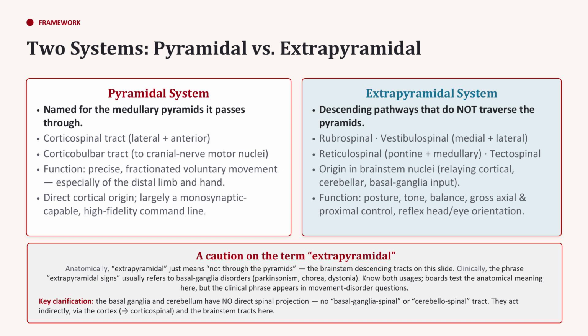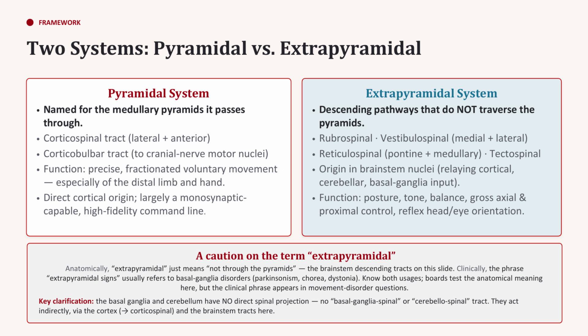Extrapyramidal descending tracts arise from brainstem nuclei, red nucleus, vestibular nuclei, reticular formation, superior colliculus, and they handle posture, muscle tone, balance, and gross axial and proximal control. They integrate input from cortex, cerebellum, and basal ganglia and translate it into background postural set.